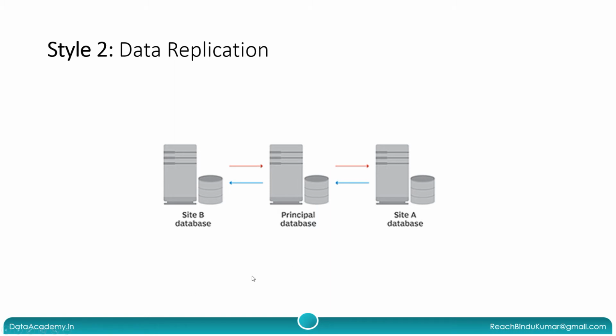In this slide, you can see that there is a primary database which often has to share the data with other databases. What do I mean by share the data? Let's say this primary database is very critical and you want to have some kind of a backup or standby database.